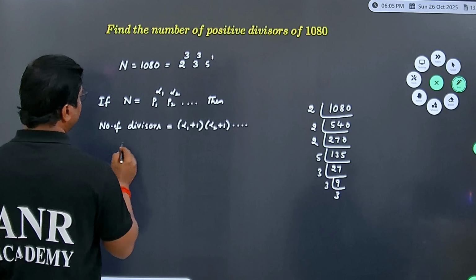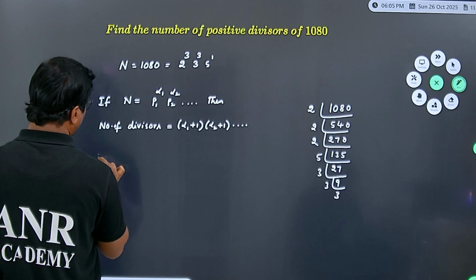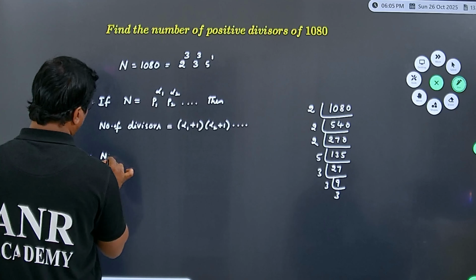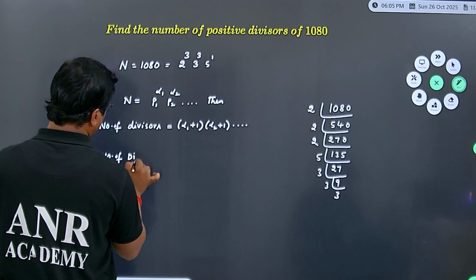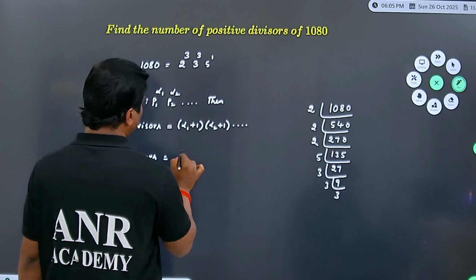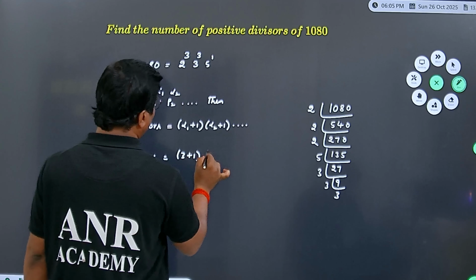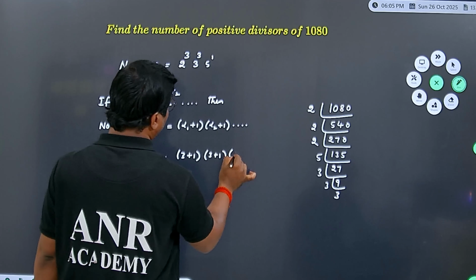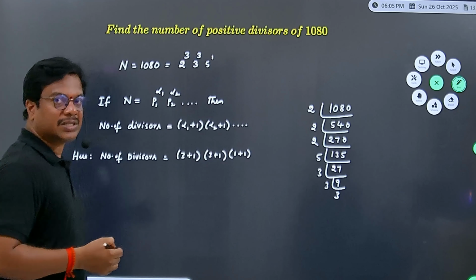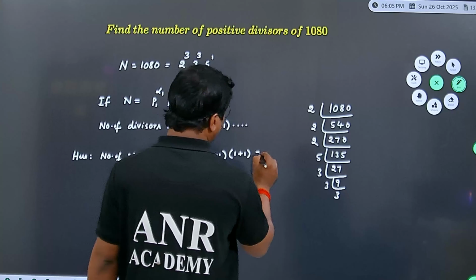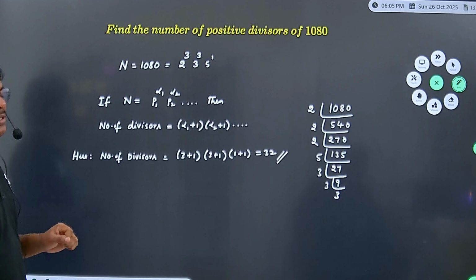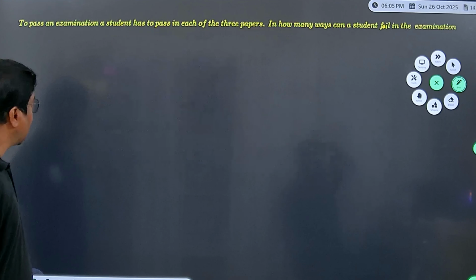Here number of divisors equals (3 plus 1)(3 plus 1)(1 plus 1), which gives 4 into 4, 16, 16 into 2, that is 32. Total number of divisors 32 is the answer. Let us move to the next one.